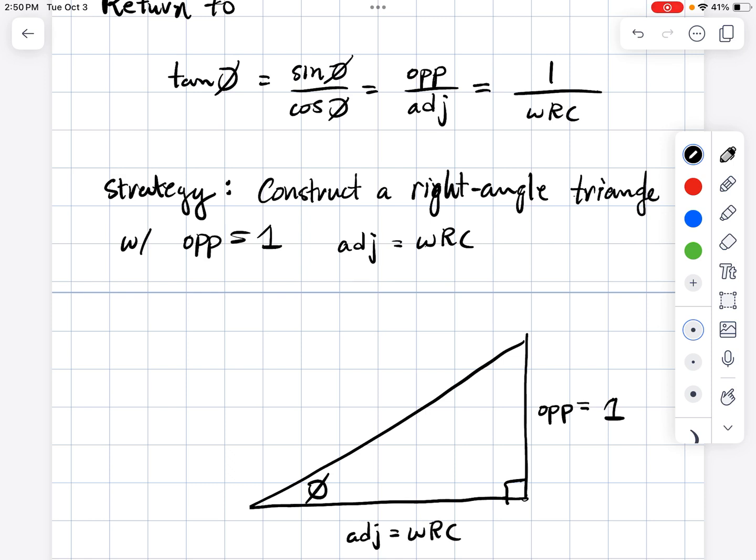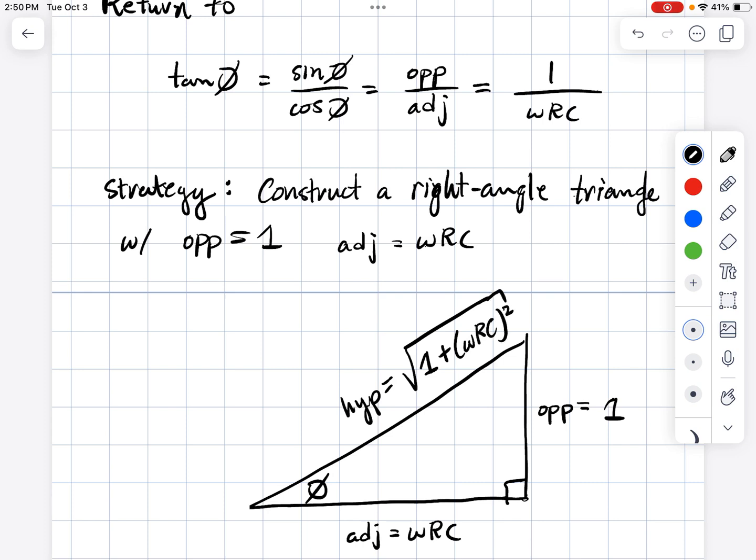Well, that allows us to then calculate the hypotenuse, which from Pythagoras' theorem is the square root of opposite squared plus adjacent squared. So that would be the square root of 1 squared, which is just 1, plus omega RC squared.